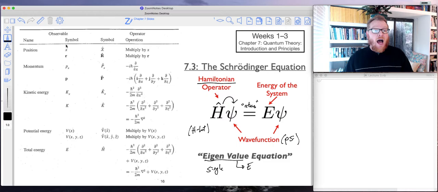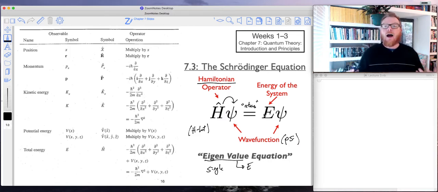If we apply the position operator, it's just multiplying the function by x. If we replaced this Hamiltonian operator with the position operator, x hat operating on psi, then it would return an eigenvalue, and that eigenvalue would be the position, not the energy, because we used the position operator.